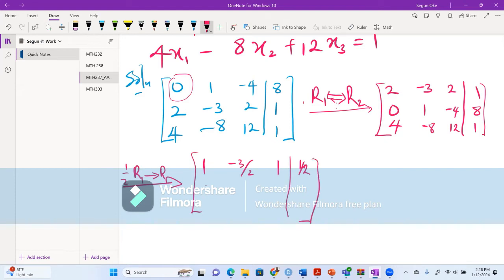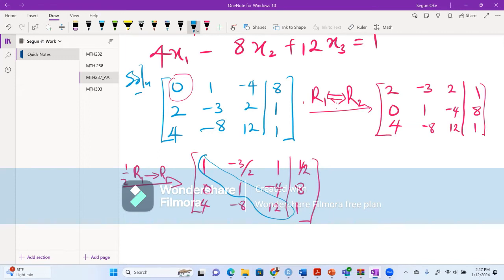Here you have your 0, 1, -4, 8. My 4, -8, 12, 1. So the next thing is I need to eliminate. Remember my target: here must be 1, and the lower triangle should be 0.